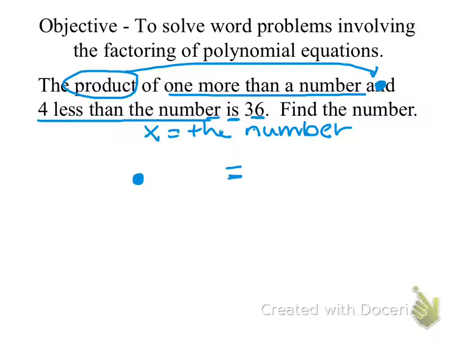Sam Lee, give me a piece of it. X plus 1 times. I said a piece. What part are you translating? Read the words. One more than that number. Notice there is that one more than. Although this is a 1 and this is X, when it says one more than, we know that more than is plus.